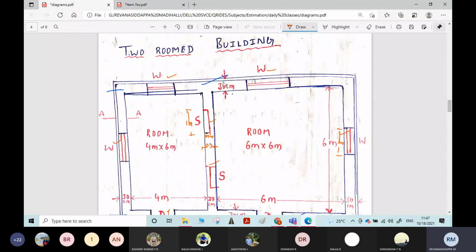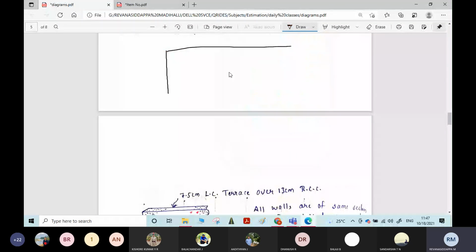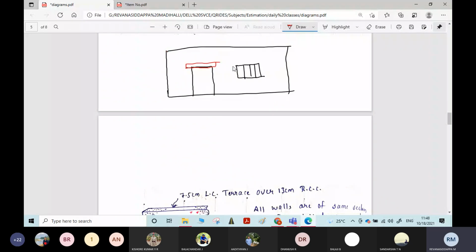When there is a door opening or window opening in a wall, over the door you might have observed there is a lintel beam provided. Why is this lintel beam provided?